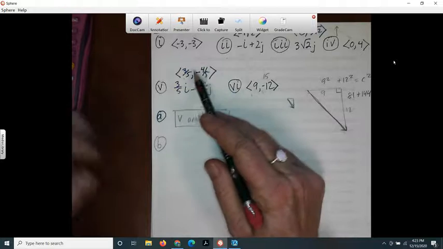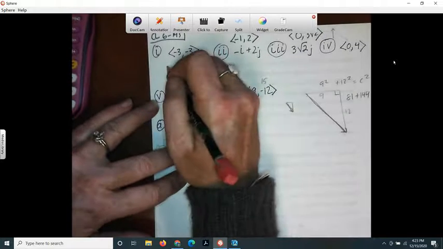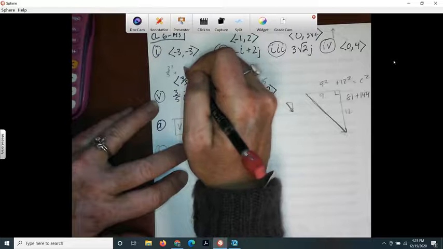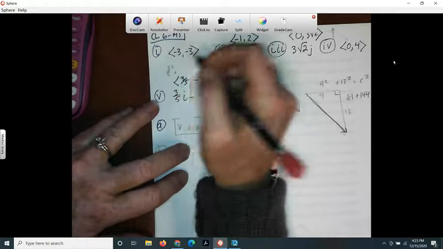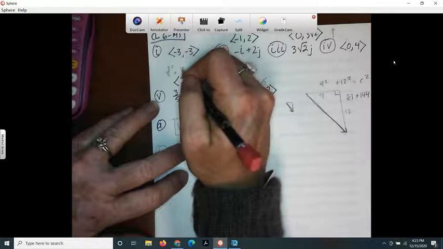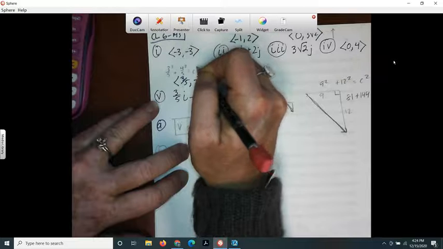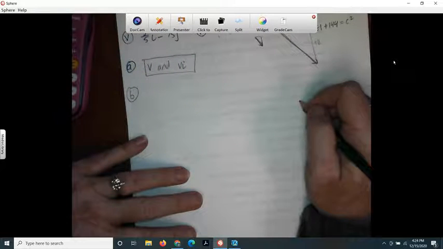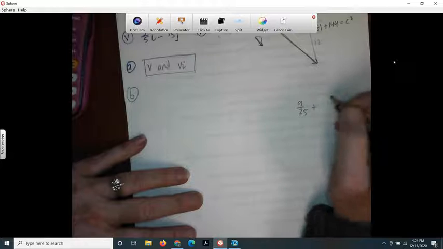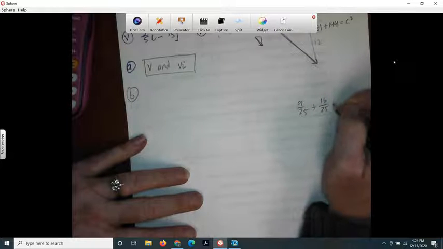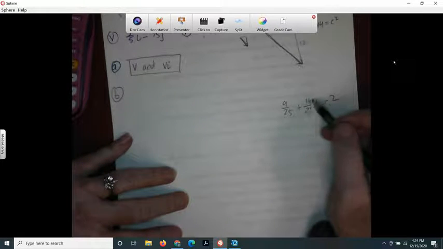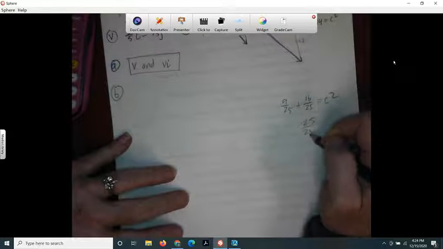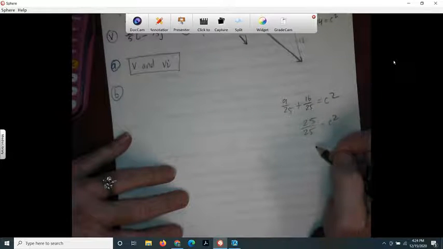So 3/5 squared plus negative 4/5 squared, when I square it, it'll be positive again, equals c squared. Well, 9 plus 16 is 25, so 25/25 is 1. The square root of 1 is 1.